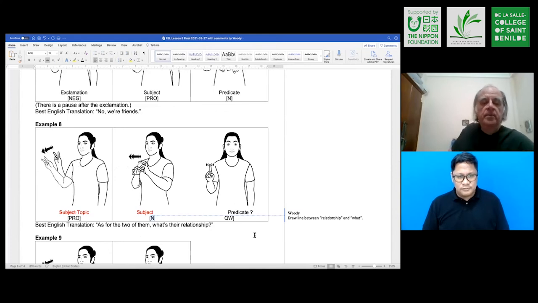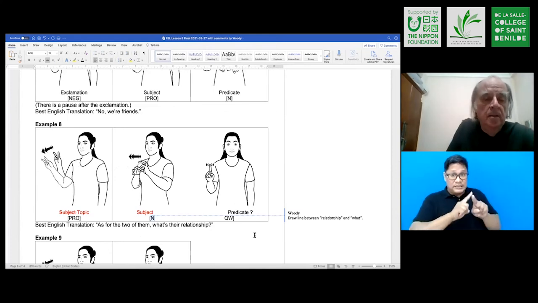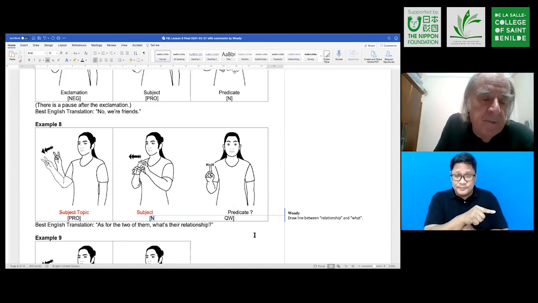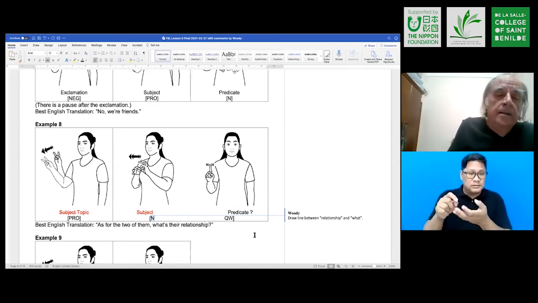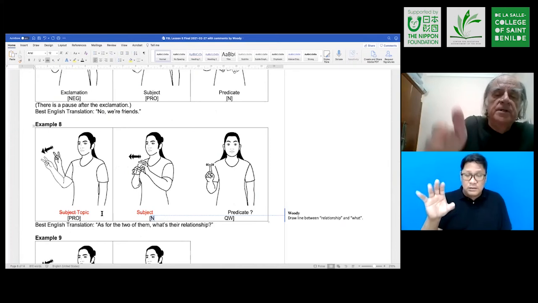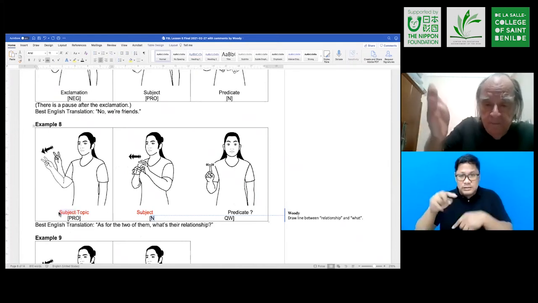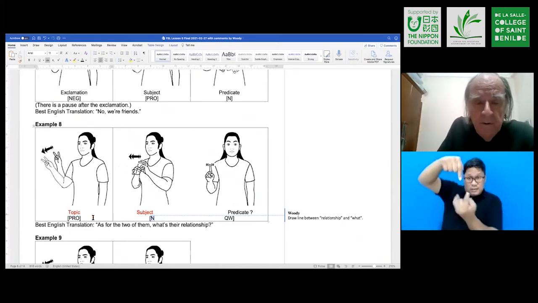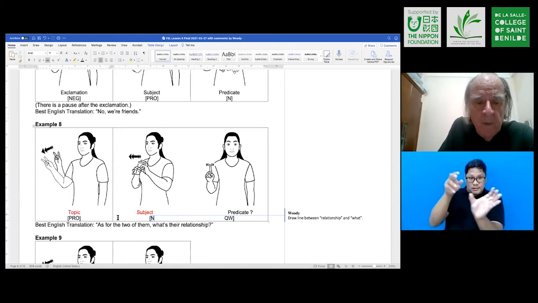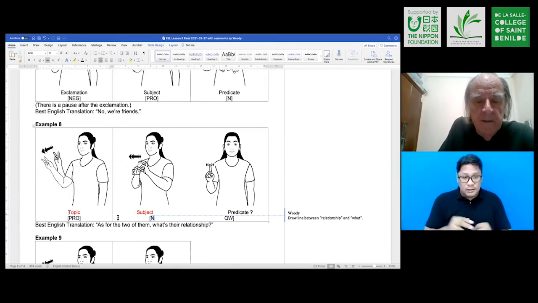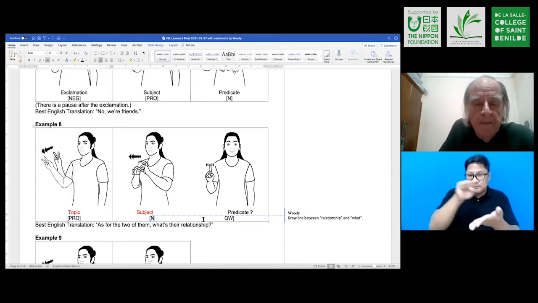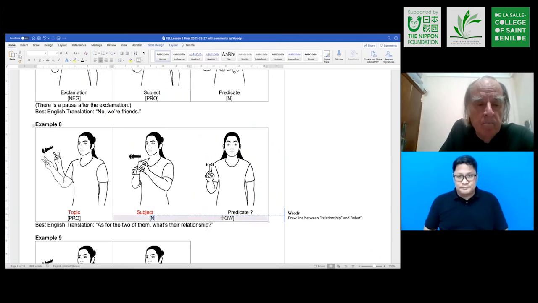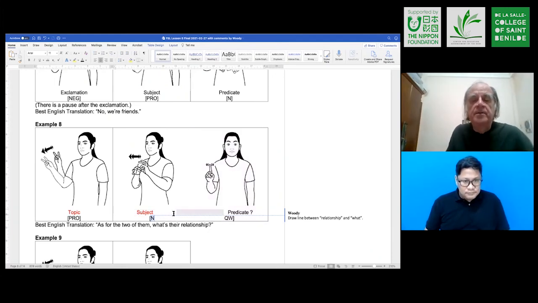Yeah, this a little bit different. So change subject to topic. And then in sign 2 and sign 3, draw a line between relationship and what. And then you have subject and predicate. Yeah, you can worry about the spacing later.